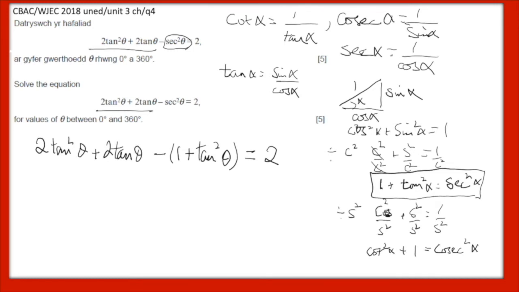I'm going to get 2 tan squared theta plus 2 tan theta minus 1 minus tan squared theta minus 2 equals 0.